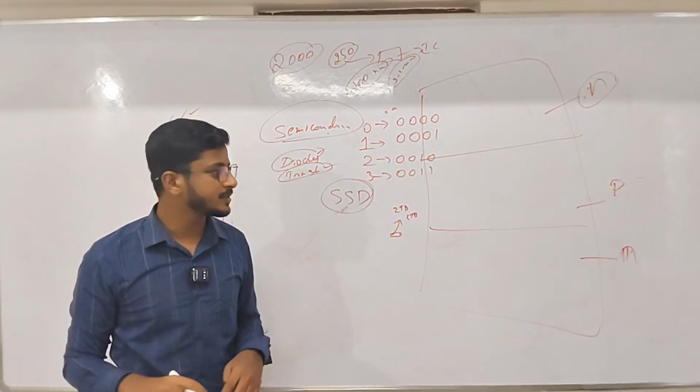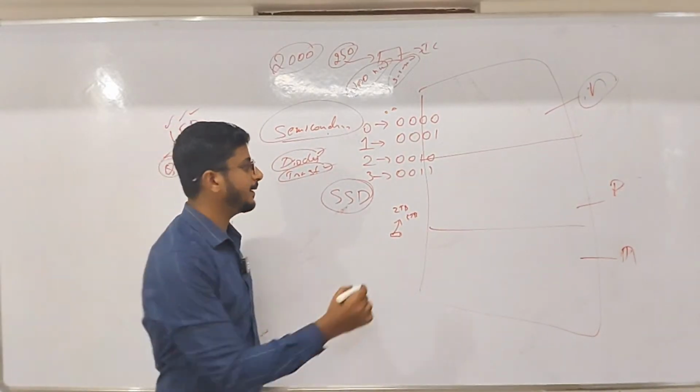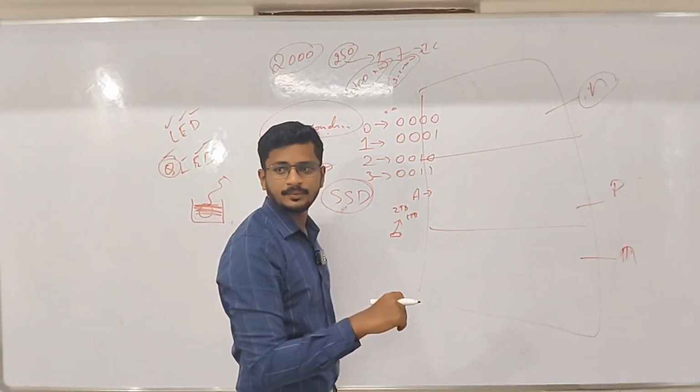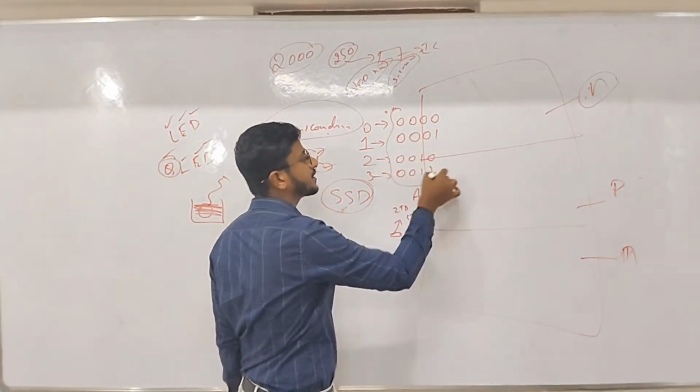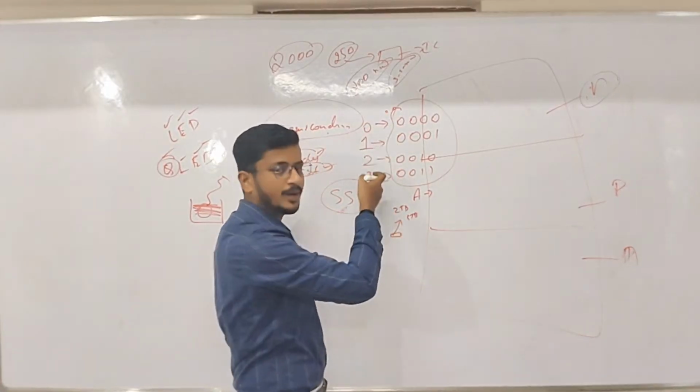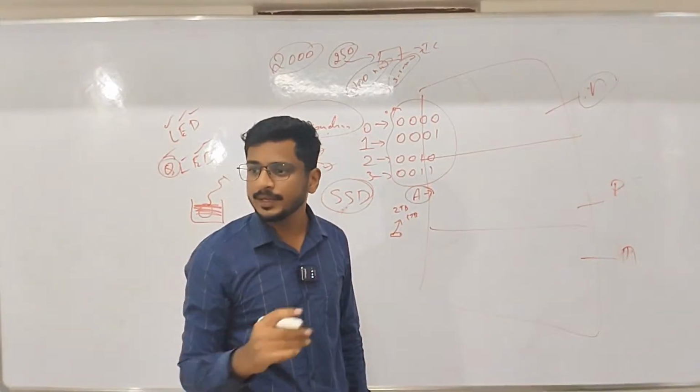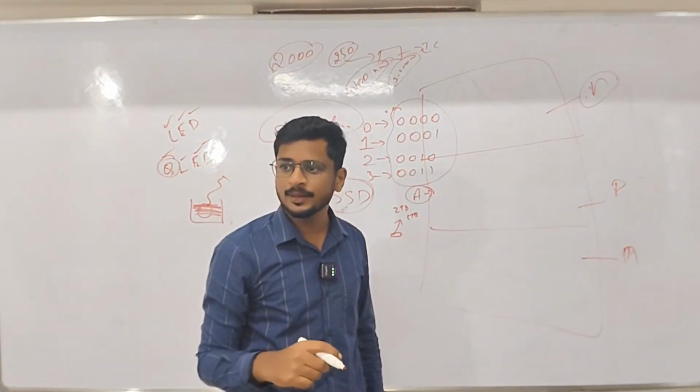Now I have to store some data. It will be a combination like this, as we have given for 1, 2, 3. The same way we have to give for alphabets also. It has to be stored somewhere.